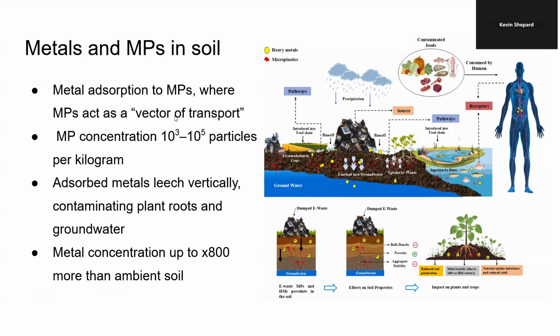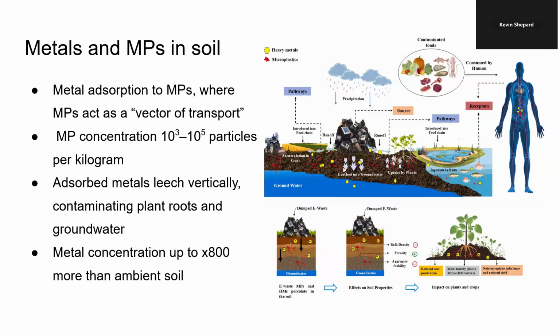We call microplastics a vector of transport, meaning the microplastics can move and the metals are just stuck onto their surface. So as a microplastic moves through an ecosystem, those metals carry with it, which means that everywhere the microplastic goes, you have not only plastic contamination but also metal contamination.